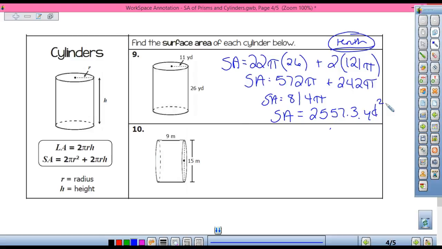Alright, so surface area equals, first off, what is my radius? 7.5.